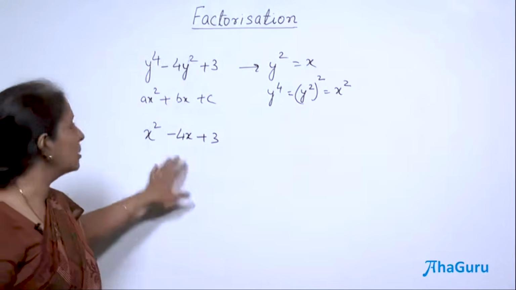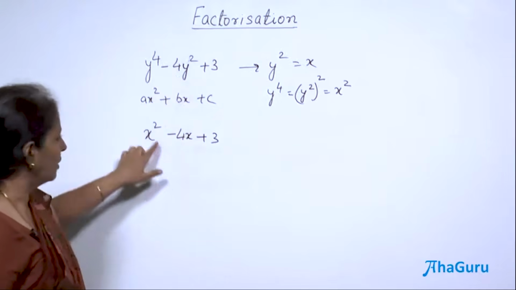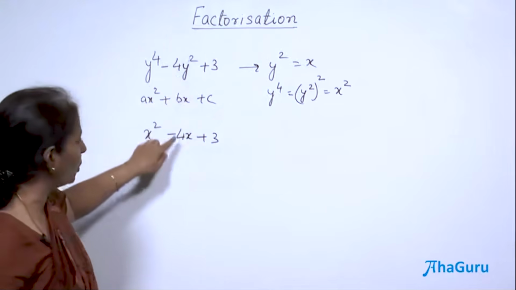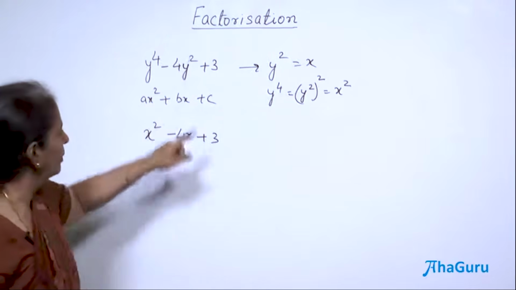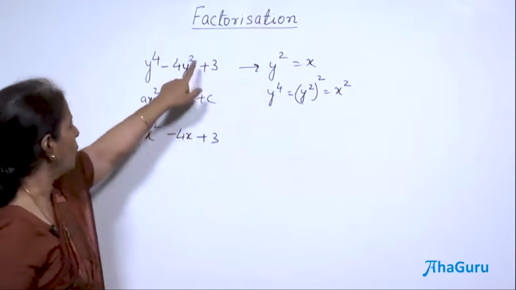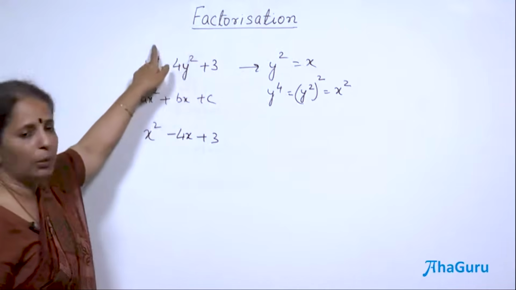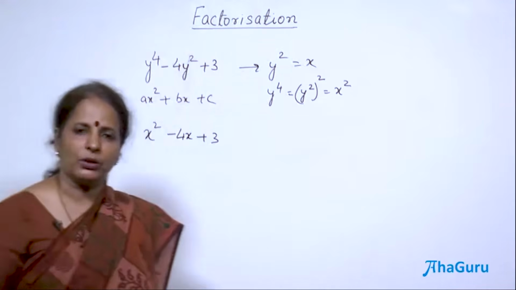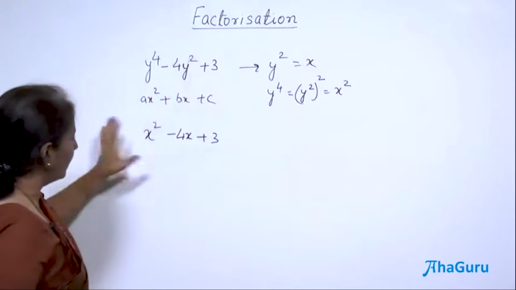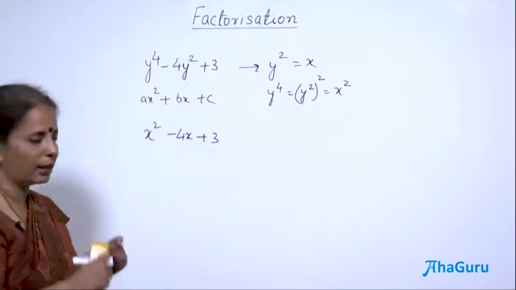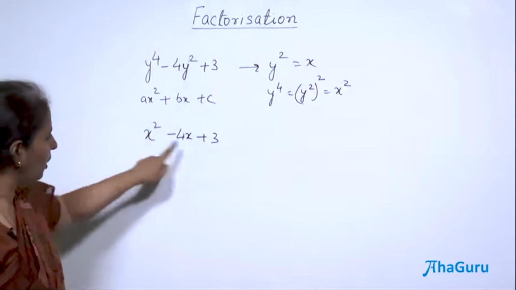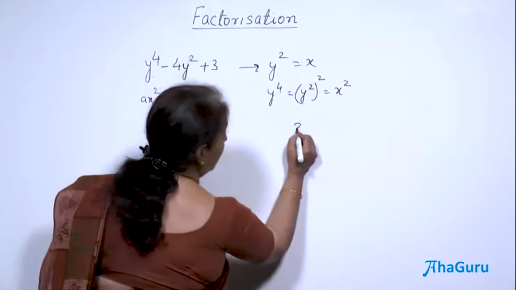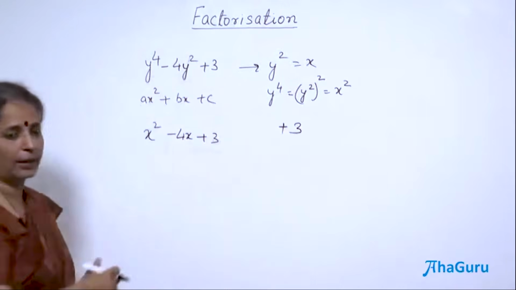I can deal with this. This was a little complex, but from this, I have brought it to this. So, from here to here, how did I get it? By substituting y square as x. So, always if this is double of this, it becomes very, very easy for us to do. Okay, having done this, now let us do our standard procedure. Coefficient here is 1, 1 into 3, 3 with a plus sign, because there is a plus sign here.